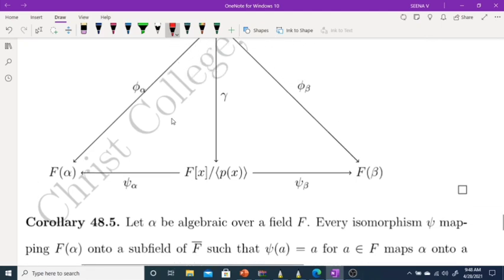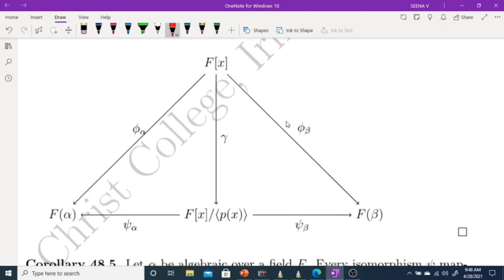So we have it like this. We have F[x] to F(beta), we have phi beta, and F[x] to F(alpha), we have phi alpha. And here F[x] over the ideal generated by p of x, psi alpha, and here we have psi beta. This is an isomorphism, this is an isomorphism.